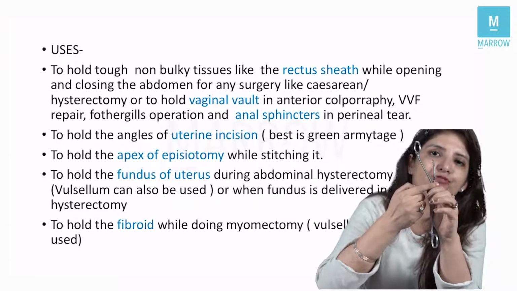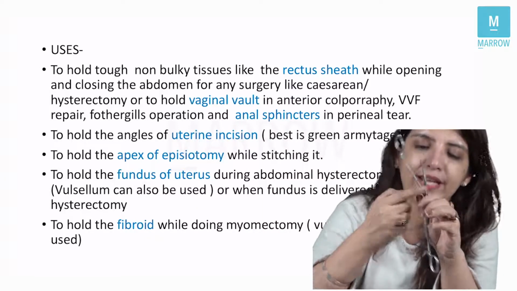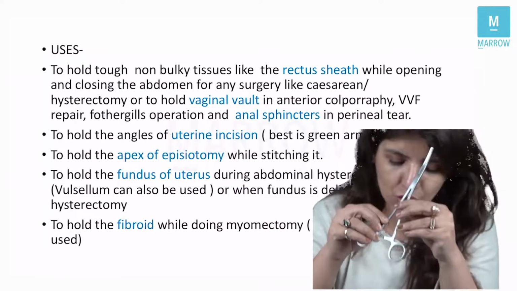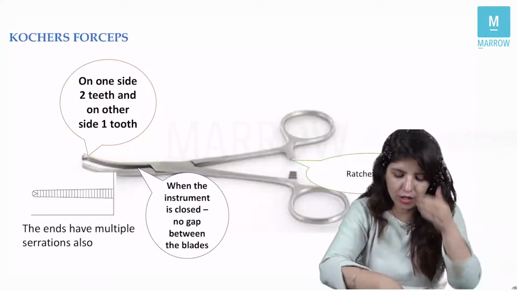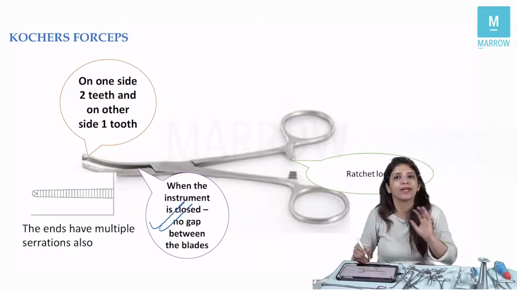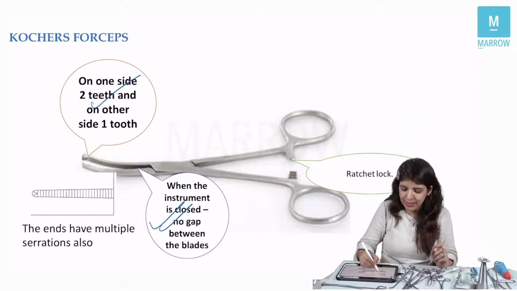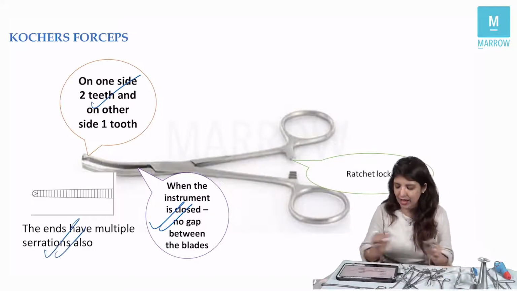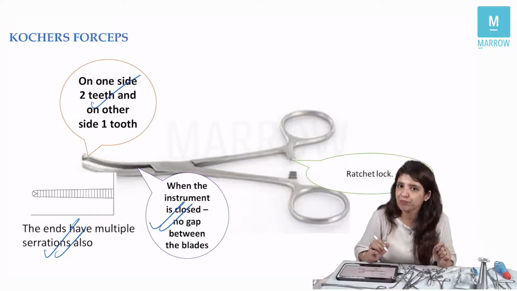So the identifying features of Kocher's forceps are: when the instrument is closed, there is no gap between the blades; on one side there are two teeth, on the other side one tooth, and the ends have multiple serrations, right?